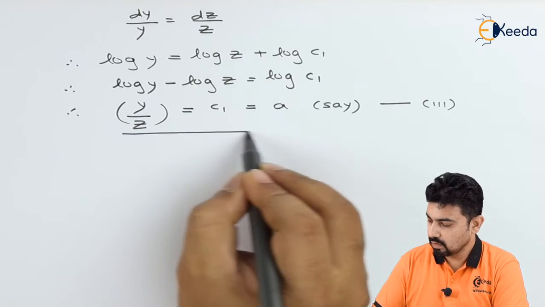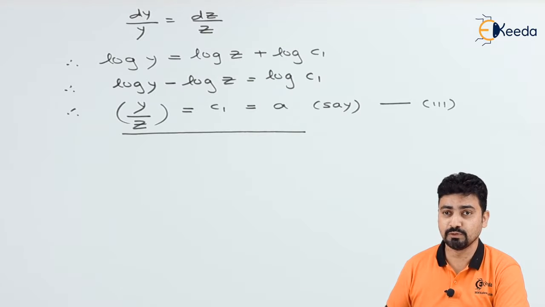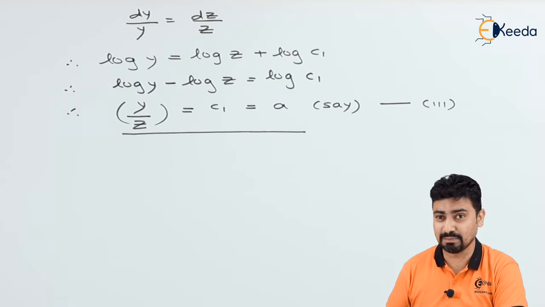So this is our first part of the solution that we have got, that is y by z is equal to a. Now let us rewrite our auxiliary equation and see if we can group any other two parts to get the second part of the solution.